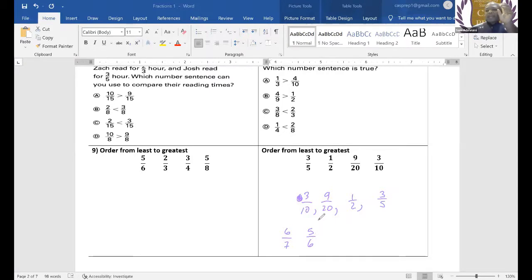All right. And the same thing would keep holding true. So what about 7/8, which would be larger? 7/8 would be larger. And what about 8/9? 8/9 would be larger. Exactly.